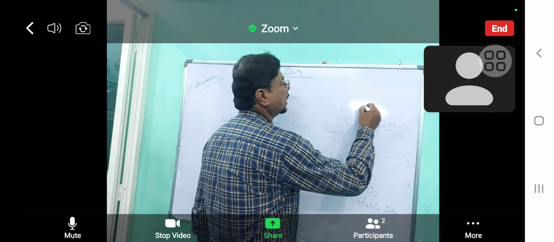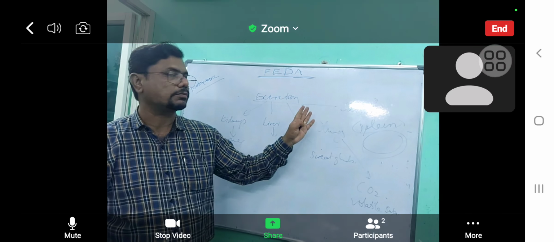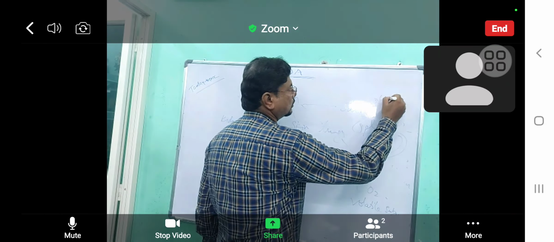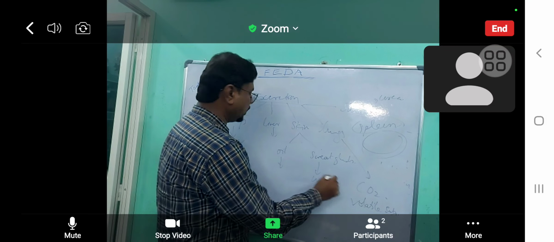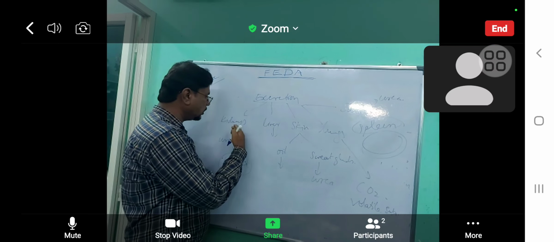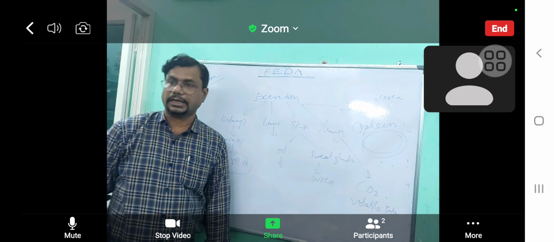And then from saliva, mainly we are removing urea. Urea is removed here also. Urea is coming out from feces, from skin, and from saliva too.